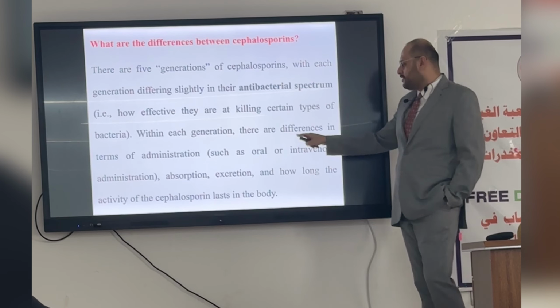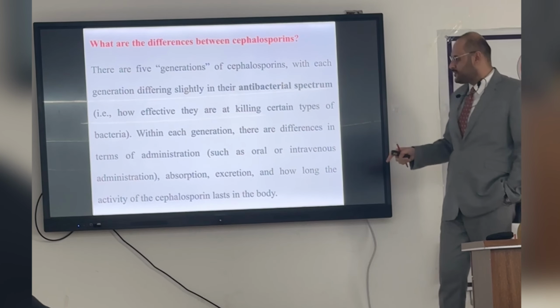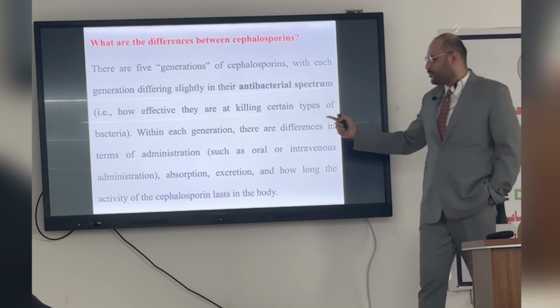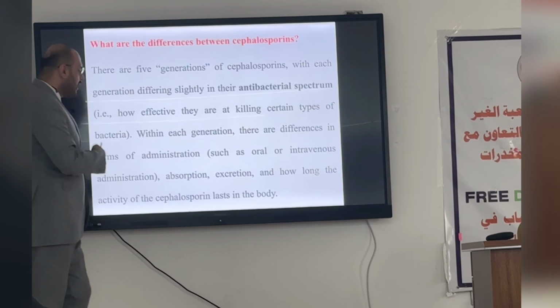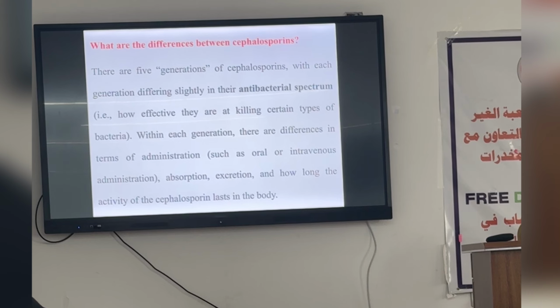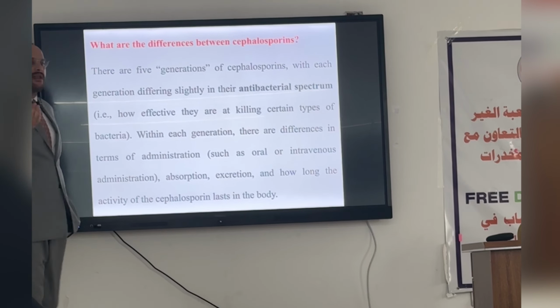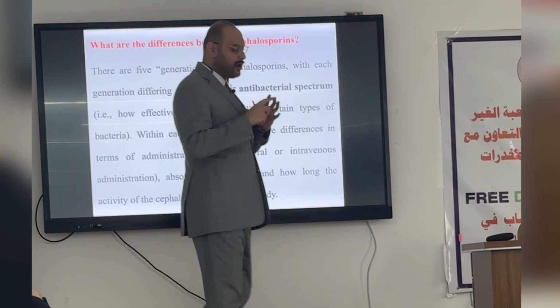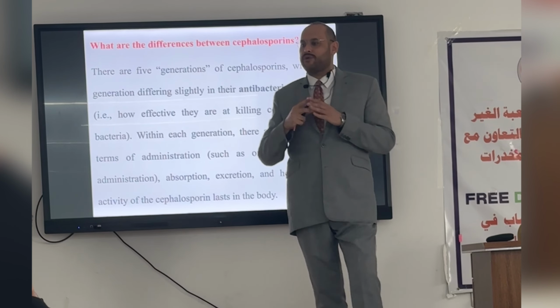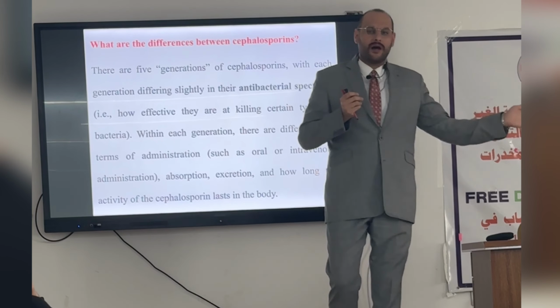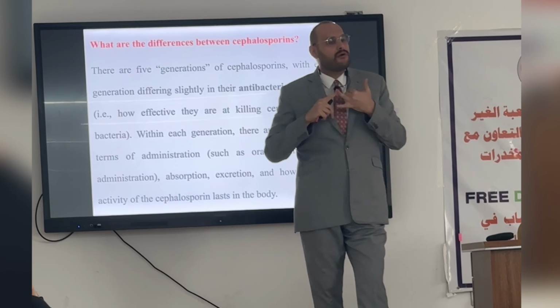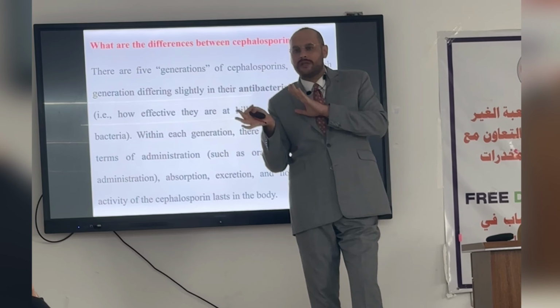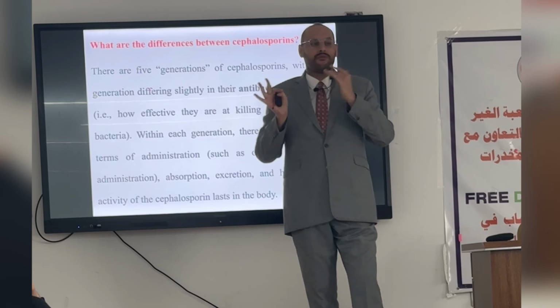Within each generation, there are differences in terms of administration. For example, we have oral cephalosporin, IV cephalosporin, we have difference in absorption, excretion, onset of action, duration of action. It means different pharmacokinetics. يعني النقاط الفرق بين جماعة السيفالوسبورين الجيل الأول والثاني والثالث والرابع والخامس. First of all is structure, second one is spectrum of activity against positive or negative or more positive or more negative.